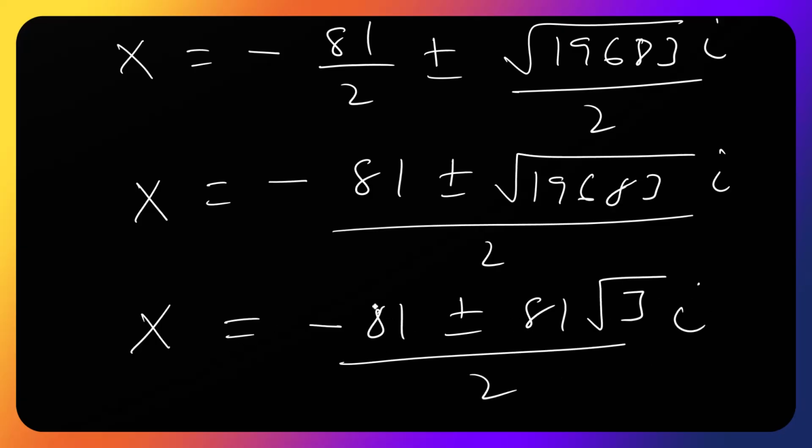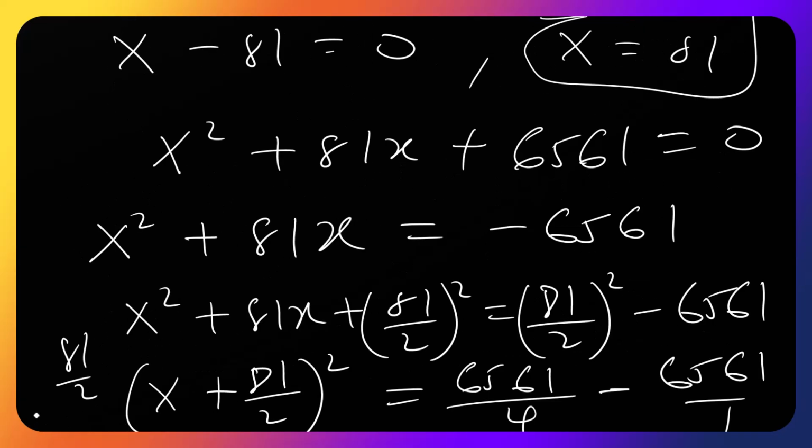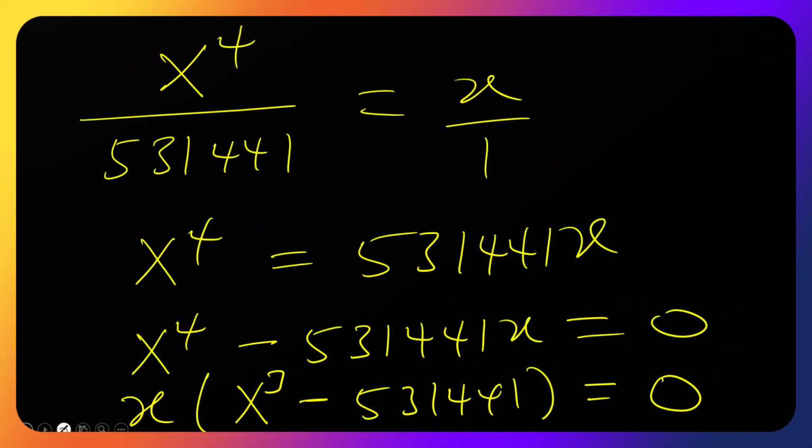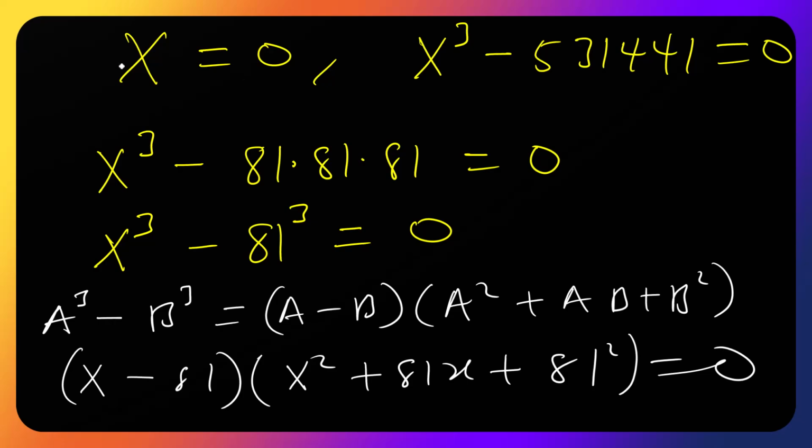So that's the complex part of the question. So we have 4 solutions: we have 2 here, and we have 3, then the fourth one, x equals 0.